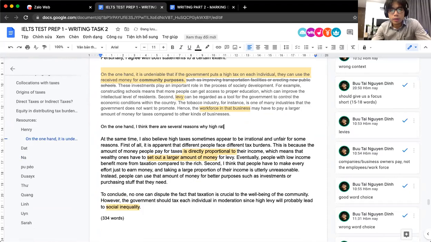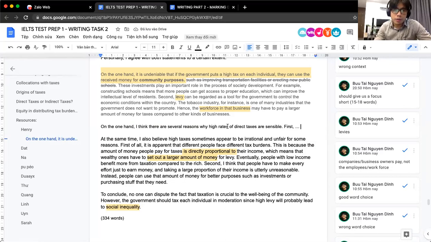High rates of direct taxes are sensible. All right, keep it short.